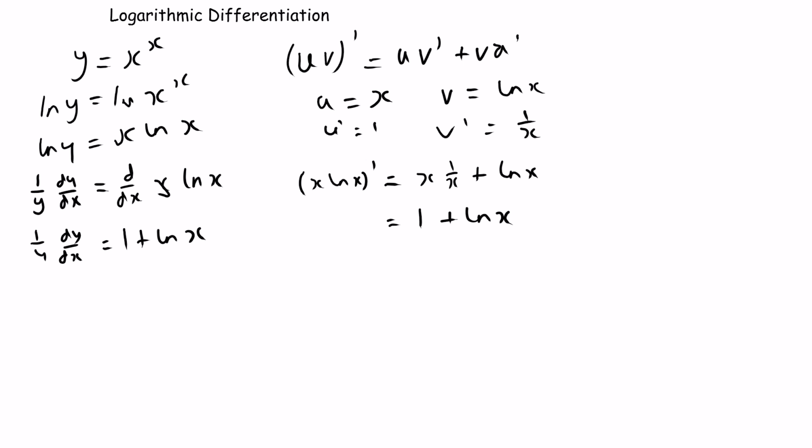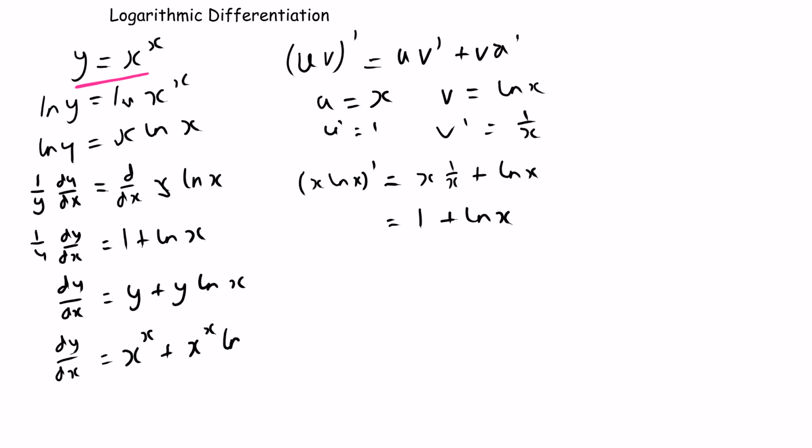Now we can multiply both sides by y to make dy by dx the subject. And going back to the original question, we have that y is equal to x to the power of x. So we can substitute that in, so that we have dy by dx is equal to a function of x, which is x to the power of x plus x to the power of x ln x.